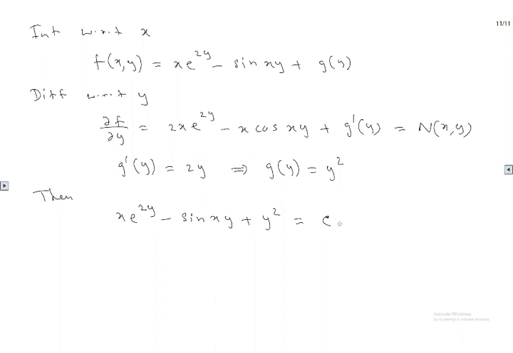Okay, so you can say this is an implicit solution for y.